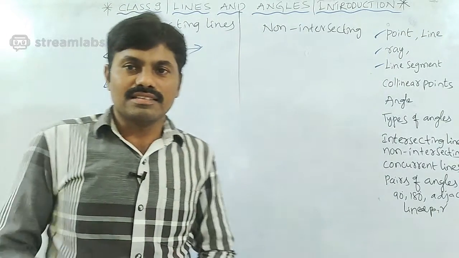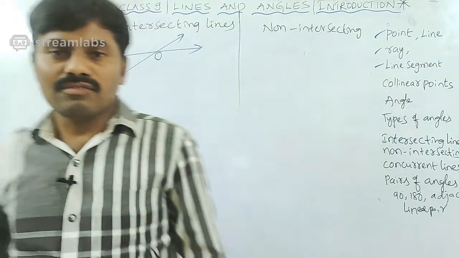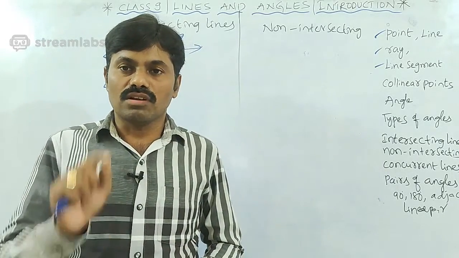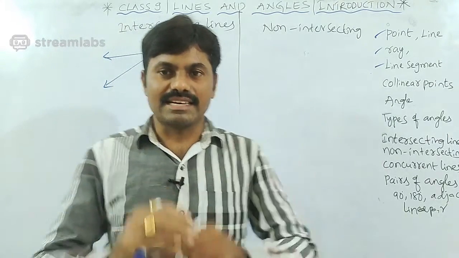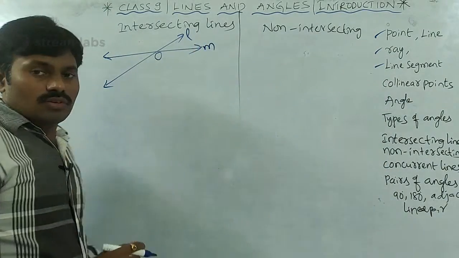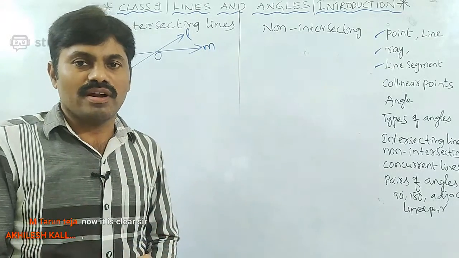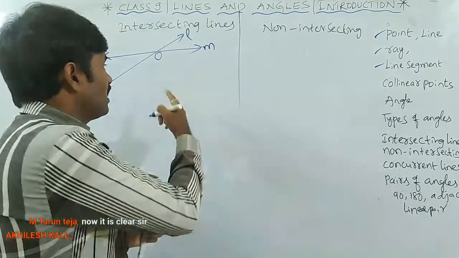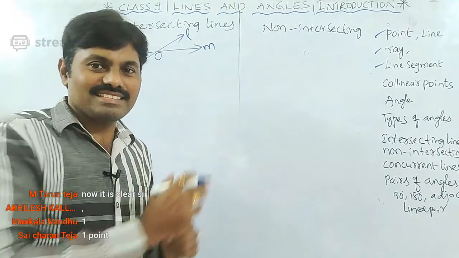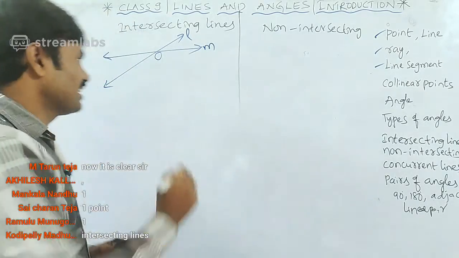Usually we denote lines by either 2 capital letters or 1 small letter, lowercase. So in LMR, 2 lines both are intersecting at one point. We call these lines intersecting lines. Both are intersecting at only one point. Okay, clear? Very good.